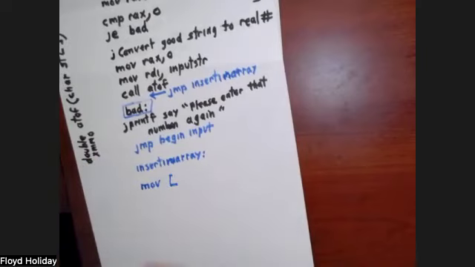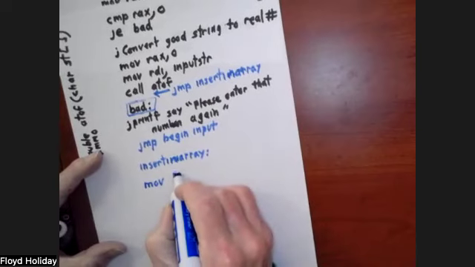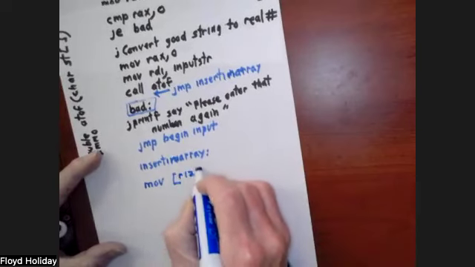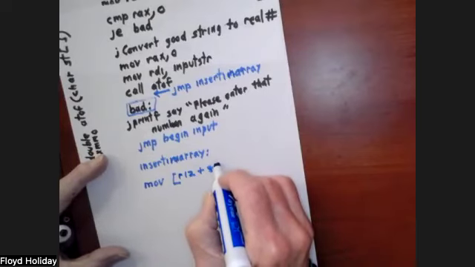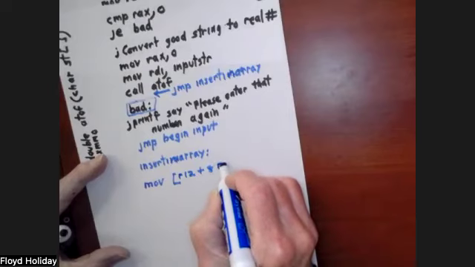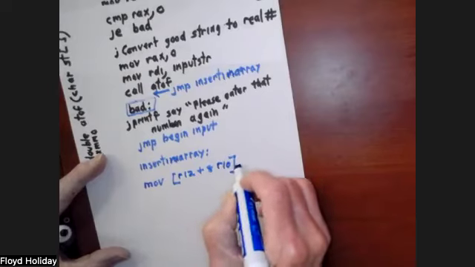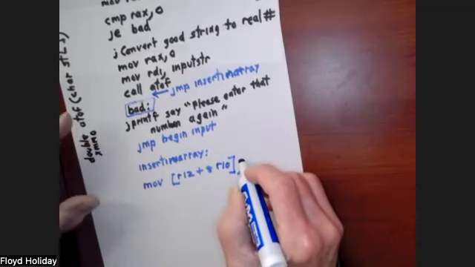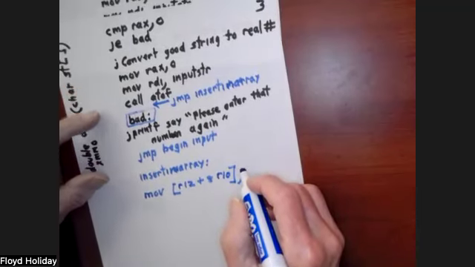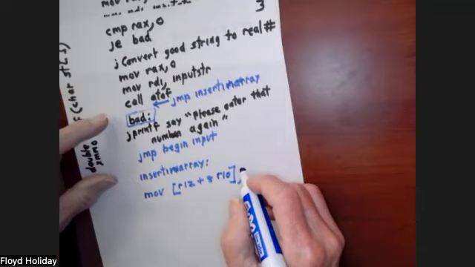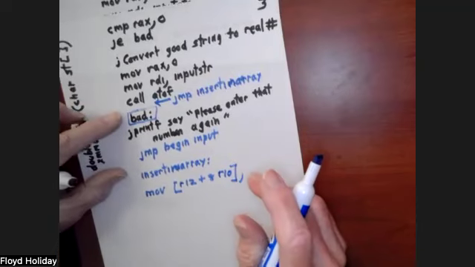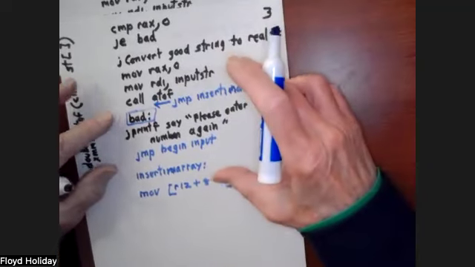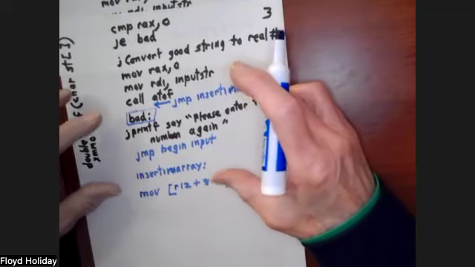Yeah. Move. I'm trying to recall from last class meeting. I think it was R12 plus 8 times the index. I forgot the index register. R10, comma, and where's our good number? Oh, this is programming.